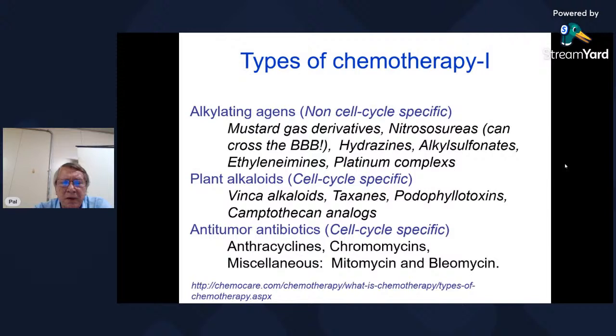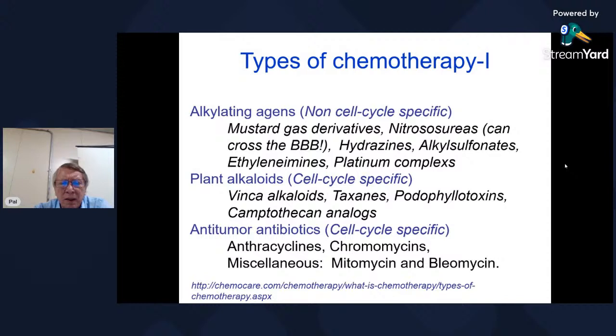The second class of these therapeutic agents is represented by plant alkaloids, among them vinca alkaloids, taxanes, and camptothecin alkaloids, which are the most known and clinically used ones, which belong to the cell cycle specific derivatives.